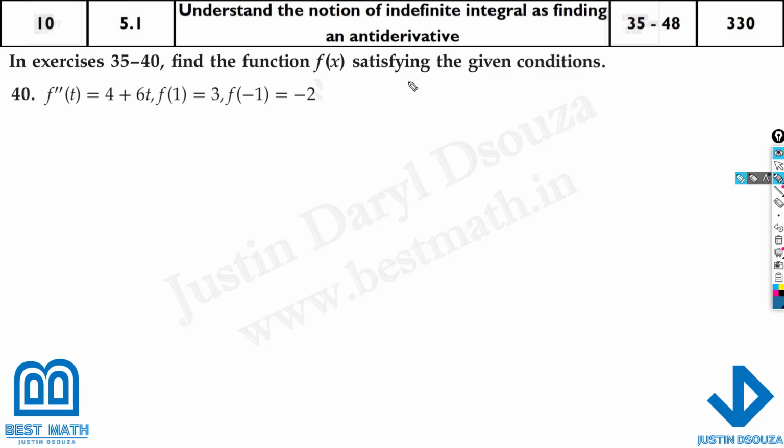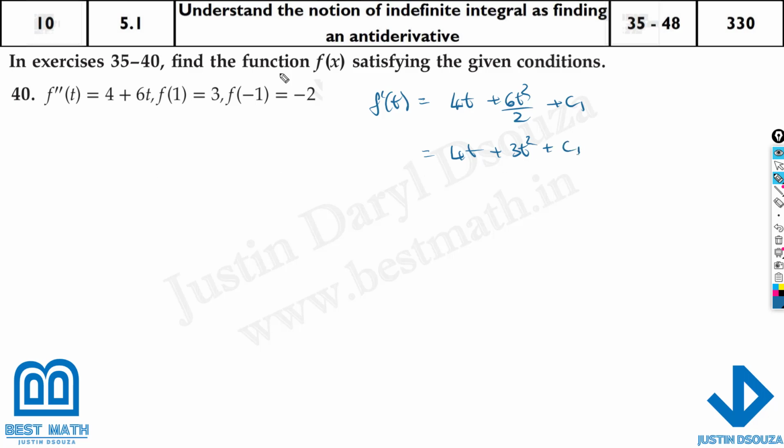I'll do these quickly. First integral would be 4 times t plus 6t squared by 2 plus C1. Here it's going to be 4t plus 3t power 2 plus C1.